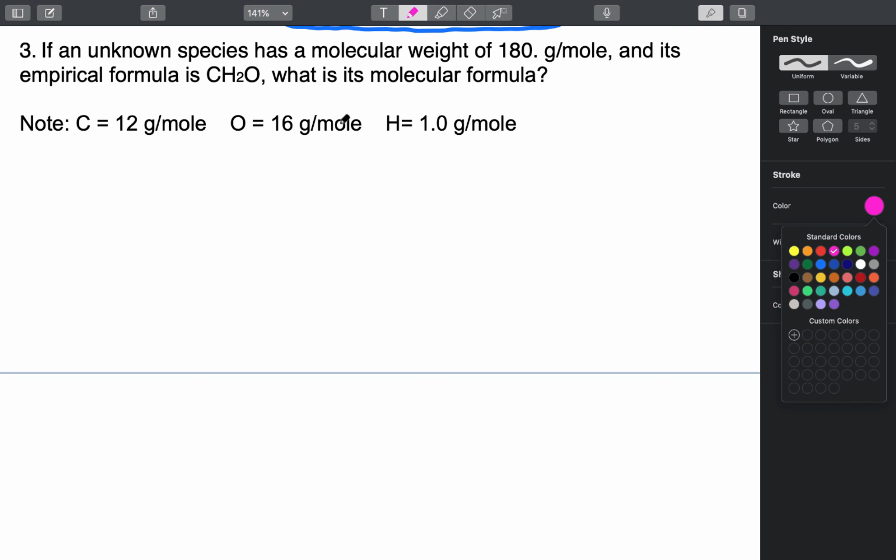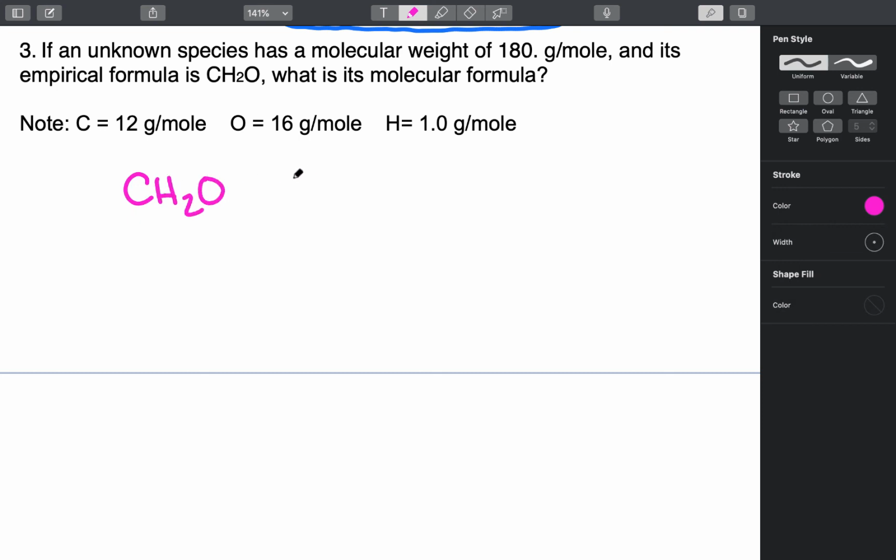The first thing we have to do is find out what the molar mass is of the empirical formula, CH2O. In order to find it, you have to add up all the weights of each of these atoms.